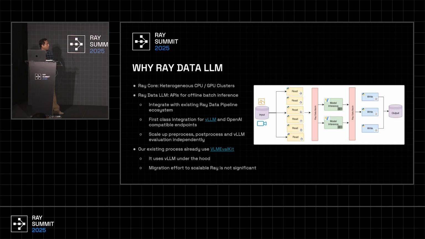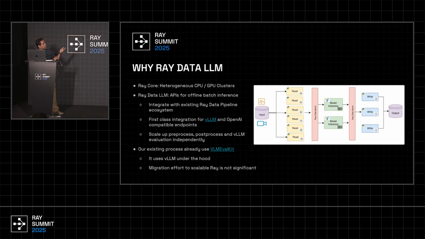All right. So how would that structure look? We choose Ray. We are very prolific users of Ray Train so far. We haven't used Ray Data or Ray Data LLM so far to the extent we want to. But since the new APIs for Ray Data LLM came out, we have decided that we will now push towards this direction.